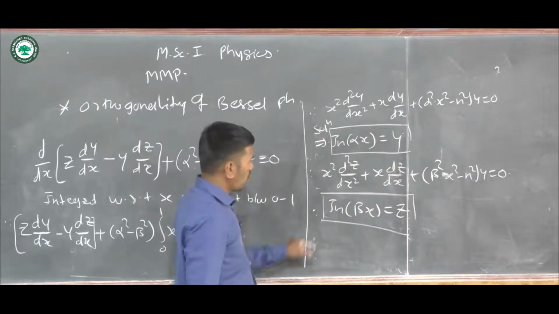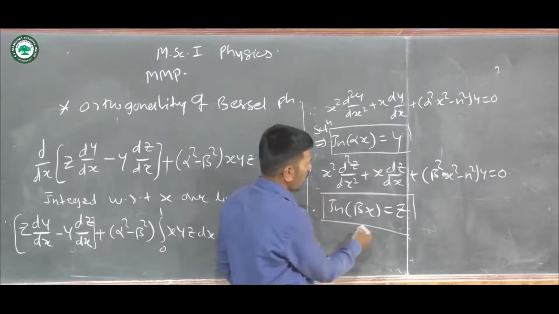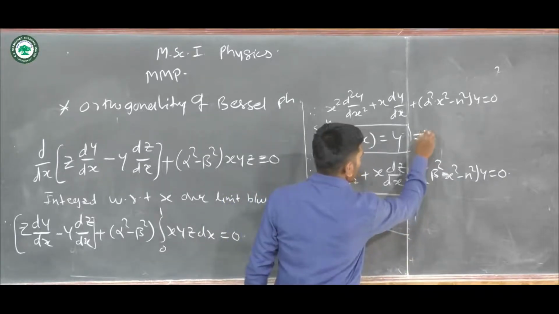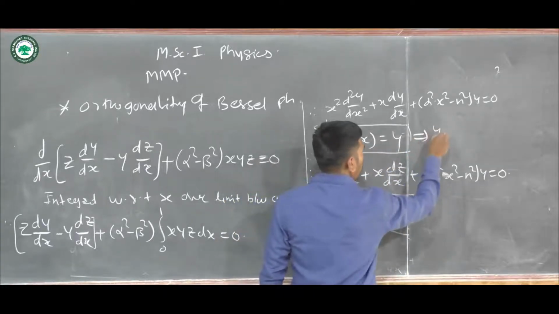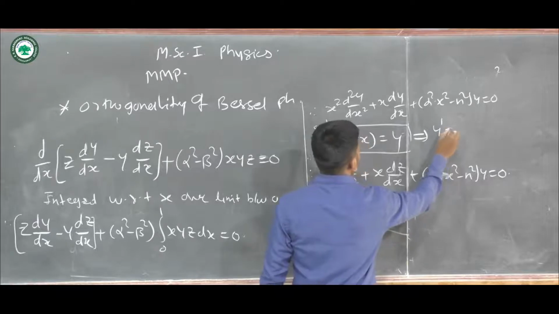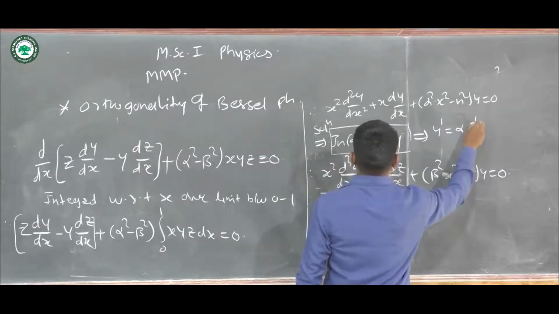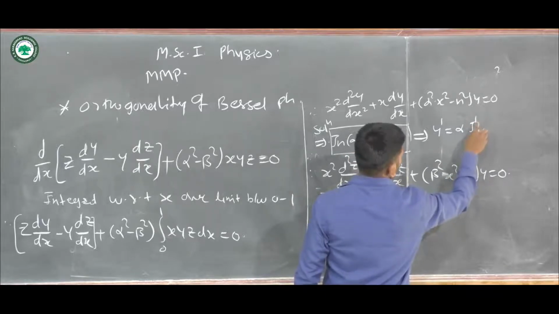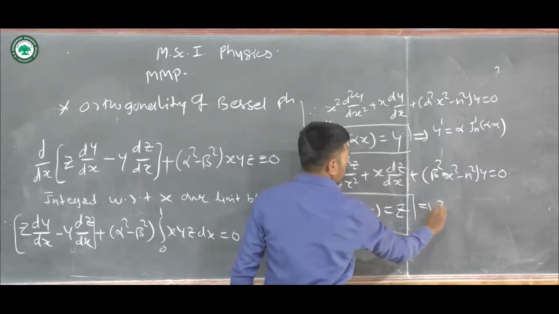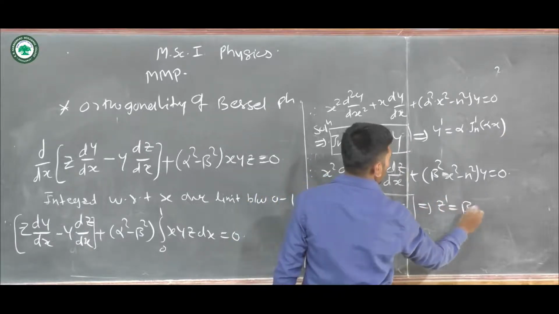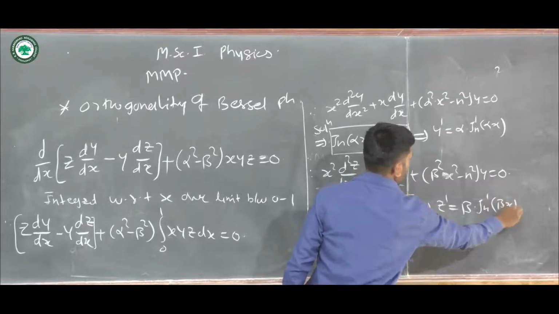Okay, so the solutions of the first and the second differential equations imply that y is equal to jn alpha x. So obviously y prime is equal to alpha into jn prime alpha x. Okay, and here z prime is equal to beta into jn prime beta x.